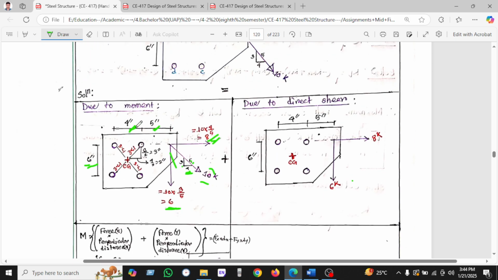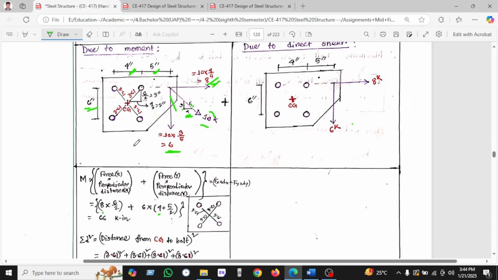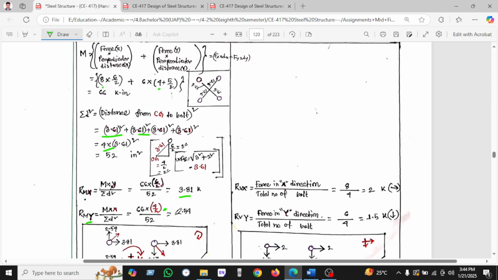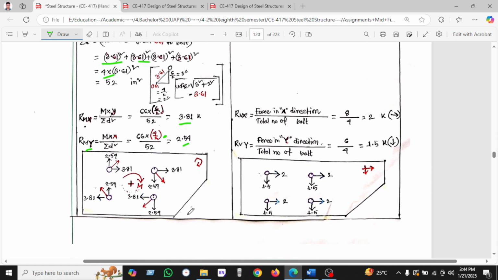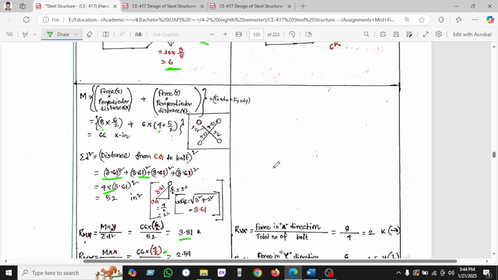This is the 4 distance between two rows of the holes or bolts, and found 2.51. So you can see here the schematic diagram. We have been taking the 3.81, 2.54, 2.54, 3.81, all are clockwise as the moment is occurring here.